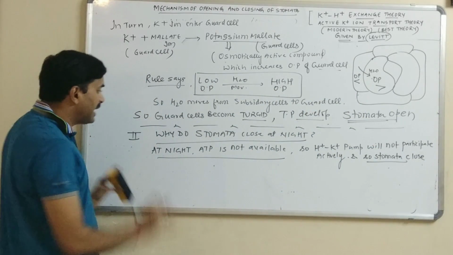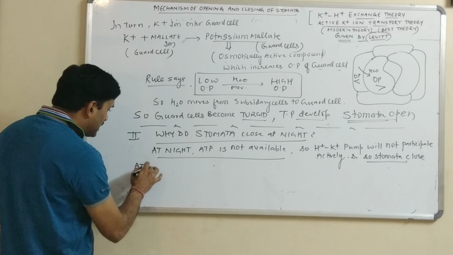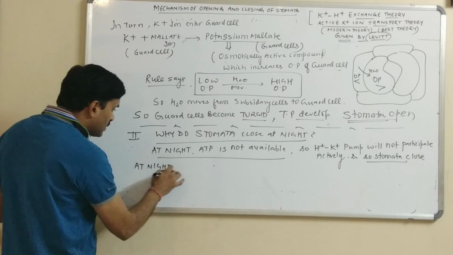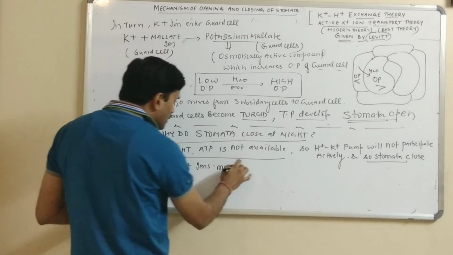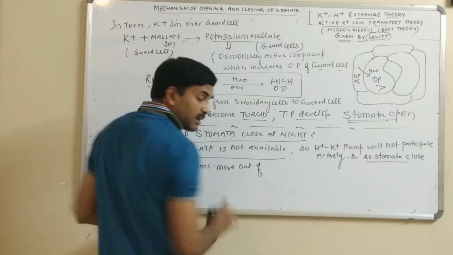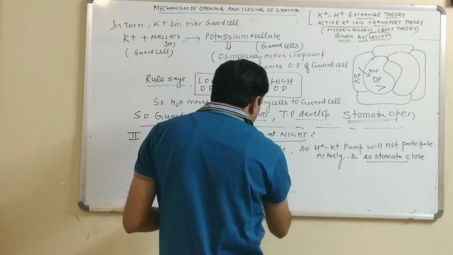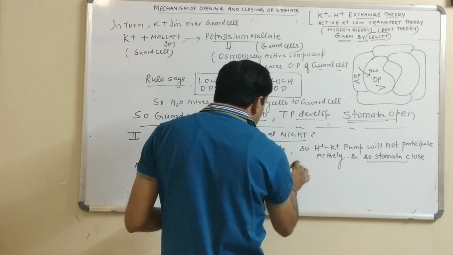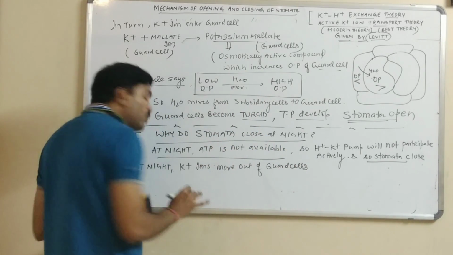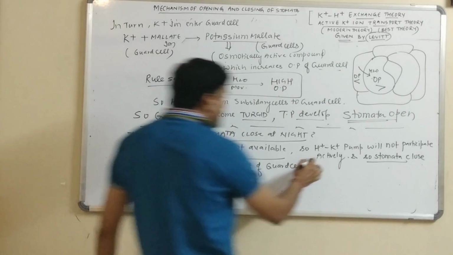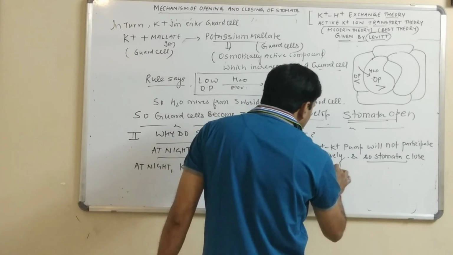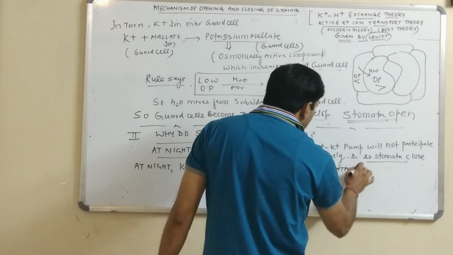We know very well that at night time K plus ions move out of the guard cells. In the beginning I gave you a key point: when K plus ion moves out of the guard cells, always remember that stomata will close.